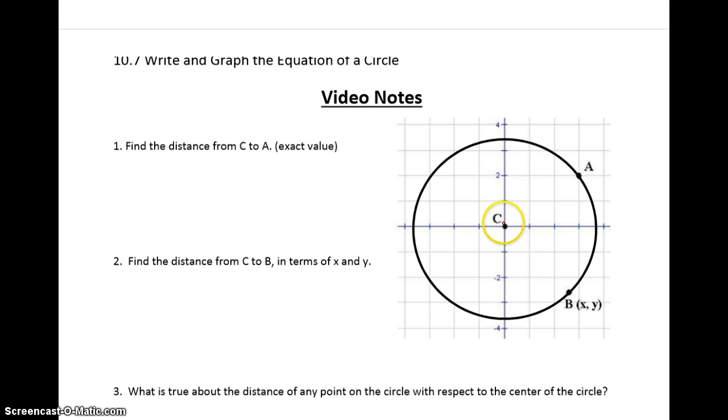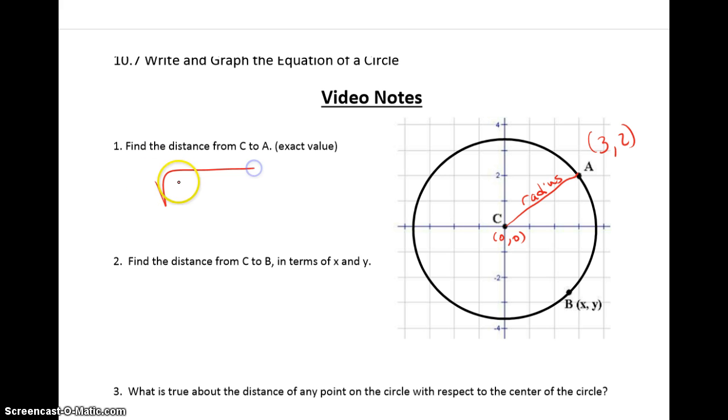If you take a look at our graph here, we have a circle with center at C, and then we have a point on the circle at A, and it looks like that point is at 3, 2. Let's go ahead and find the distance between C and A, and hopefully you know by now that will be our radius. Let's do our distance formula. Of course, C is at 0, 0.